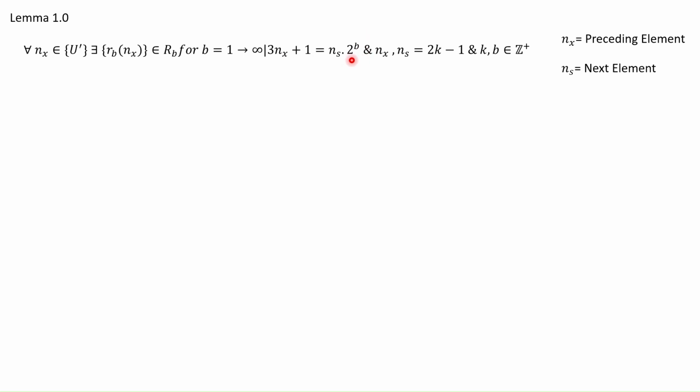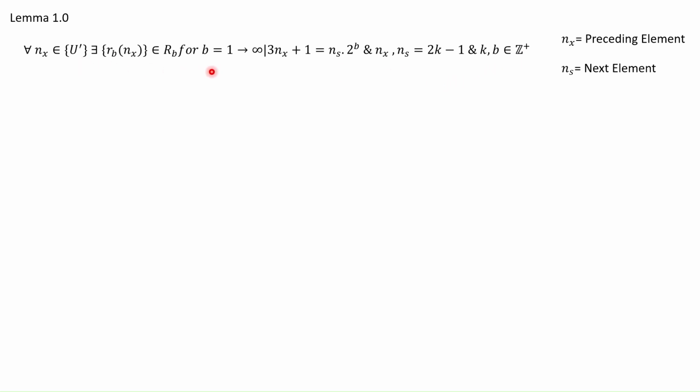Whatever is the divisibility of the element, like in the previous slide, we mentioned b. It is exactly the same b. And nx and ns are 2k minus 1. They are odd. K, b are a part of positive integers.